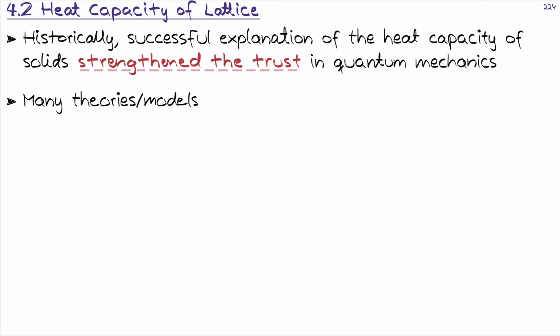And I guess it must have been pretty difficult at that time to try to understand what happens, because the models based on harmonic oscillators seemed to work quite well with gases.